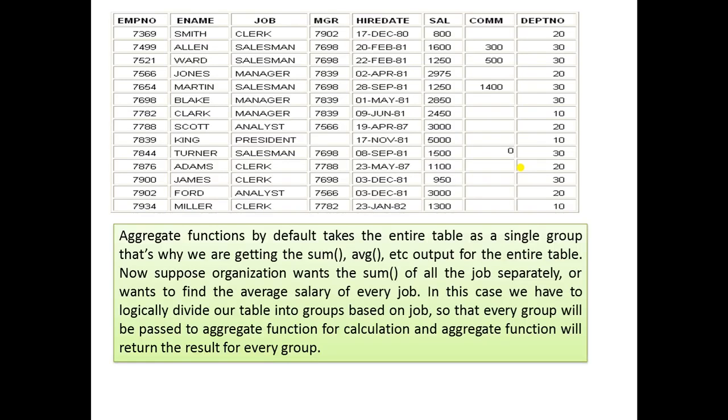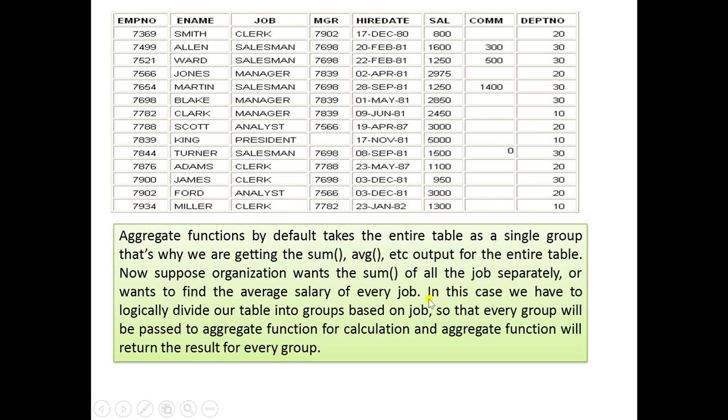Now this is a query. This is the table. In this you can see that aggregate functions by default take the entire table as a single group. That's why we are getting the sum, average, etc. output for the entire table. Now suppose an organization wants the sum for each job separately, or wants to find the average salary of every job.